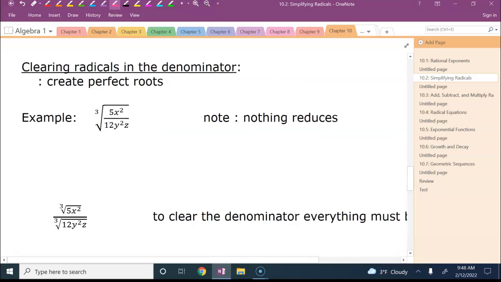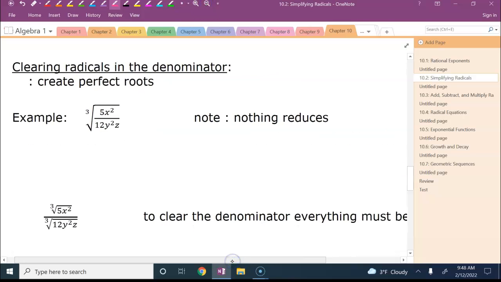Alright, so let's extend this a little bit further now, and let's get into some other types of roots that you might see, and then also we'll start to see some of these problems where we're not able to reduce as is like we could on those last ones, and so we have to break our terms apart before we can do any reducing.